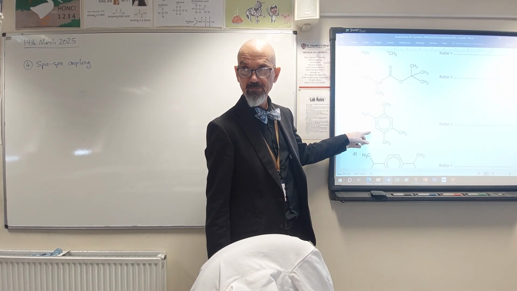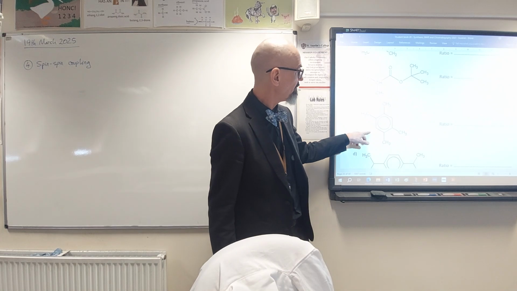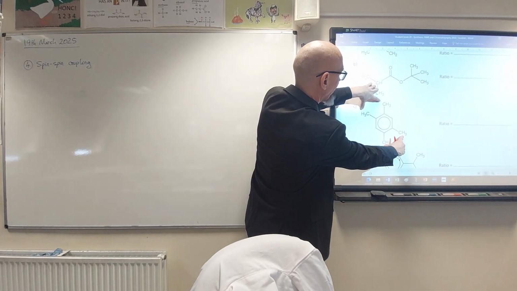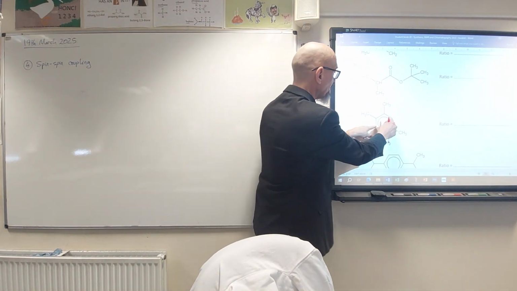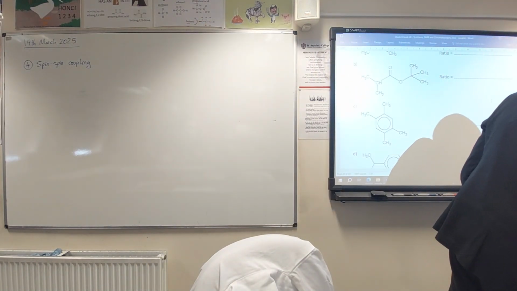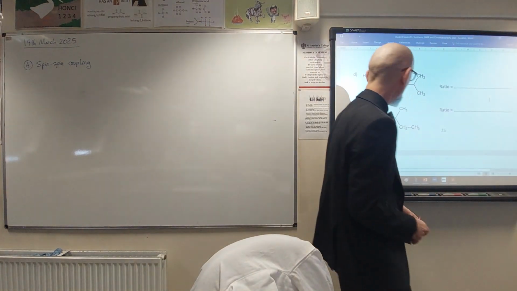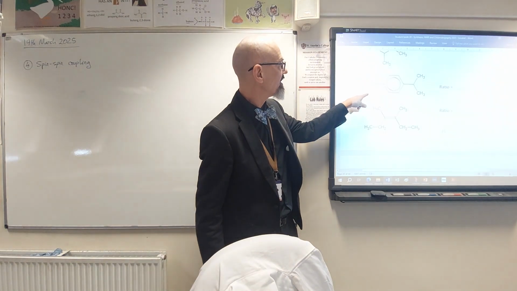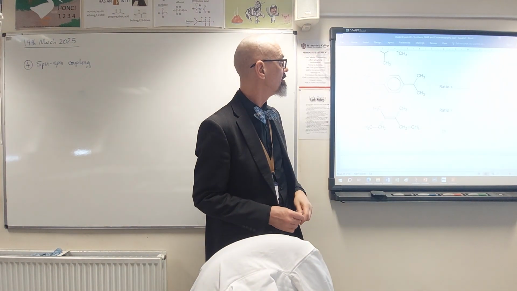You done that one, Ari? 6 to 1, that's right. So I've got 12 hydrogens out there, all in the same environment, and then 2 sticking off the benzene ring there. So 12 to 2 simplifies to 6 to 1. This molecule, another very symmetrical molecule.